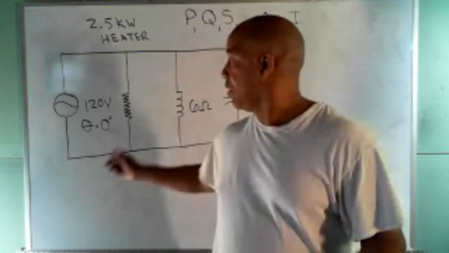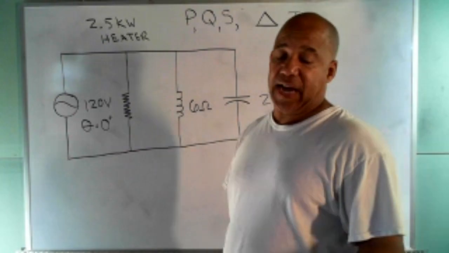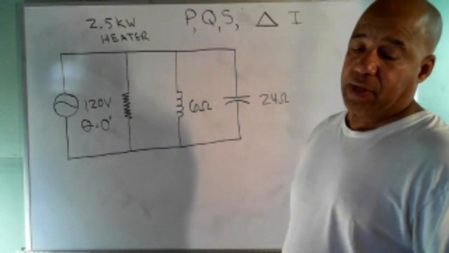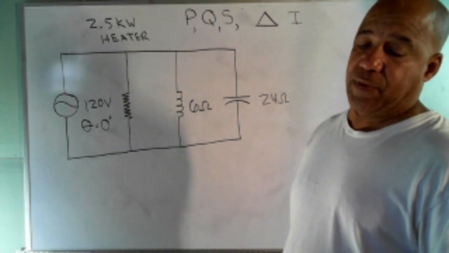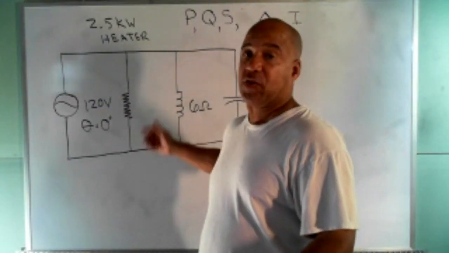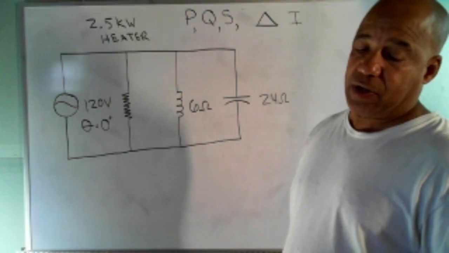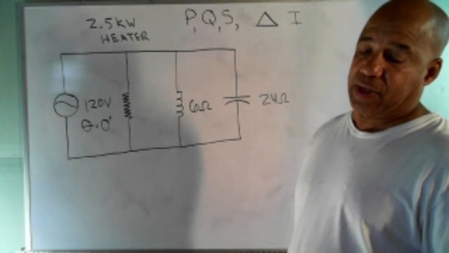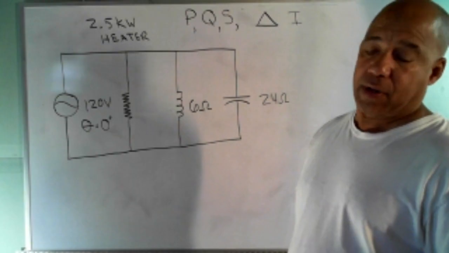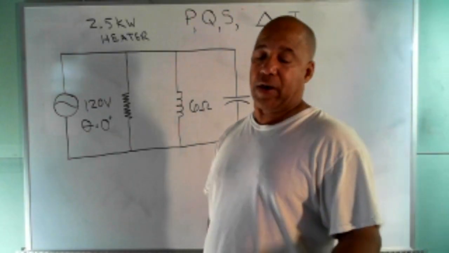I want you to find P and Q for each load. I want you to find the active and reactive power supplied by the generator. That's going to equal the sum of the powers for the loads. They want you to draw the power triangle for the combined loads and determine the total apparent power. And then they want you to find the current supplied by the generator.